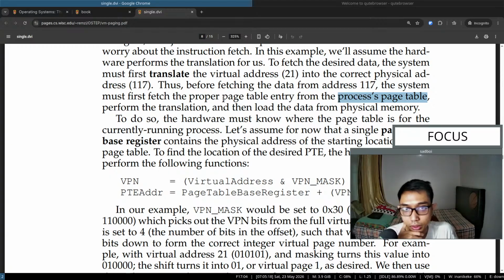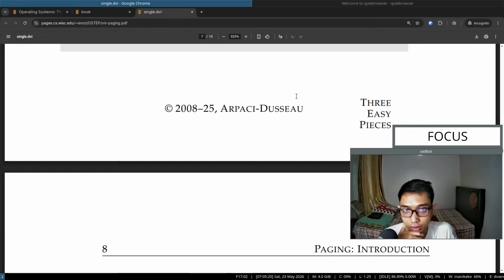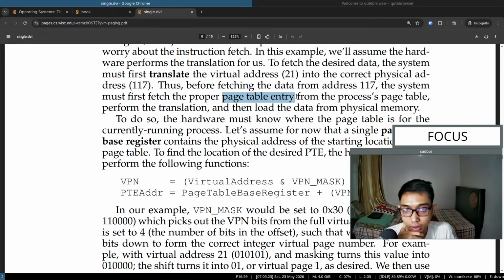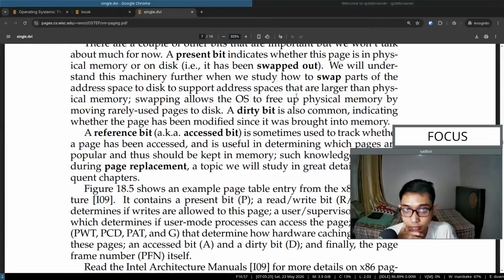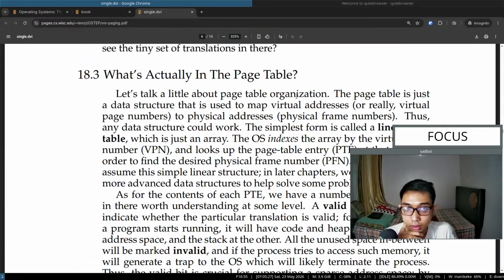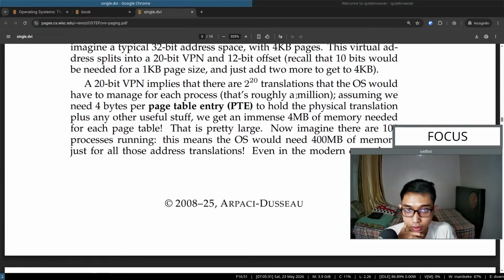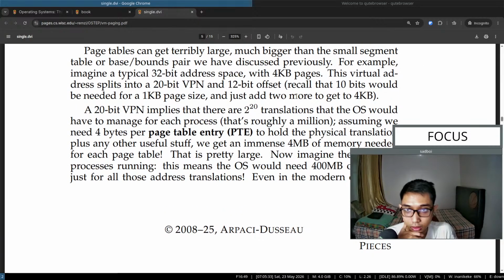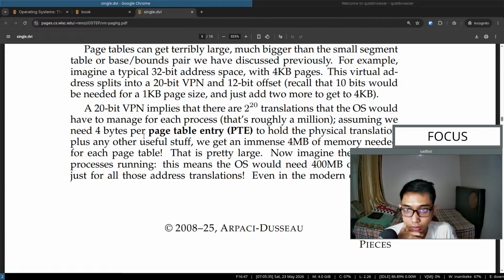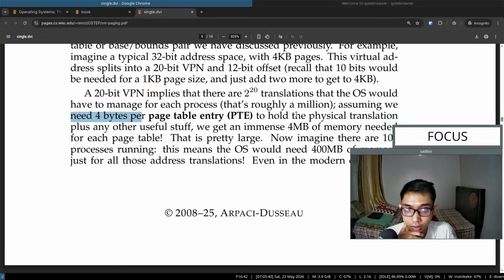I'm assuming the page table entry is the index. Let me double check first. 4 bytes per page table entry to hold the physical translation.